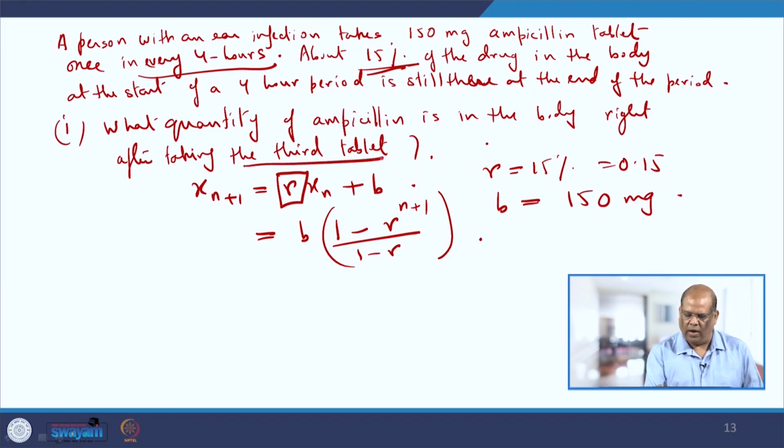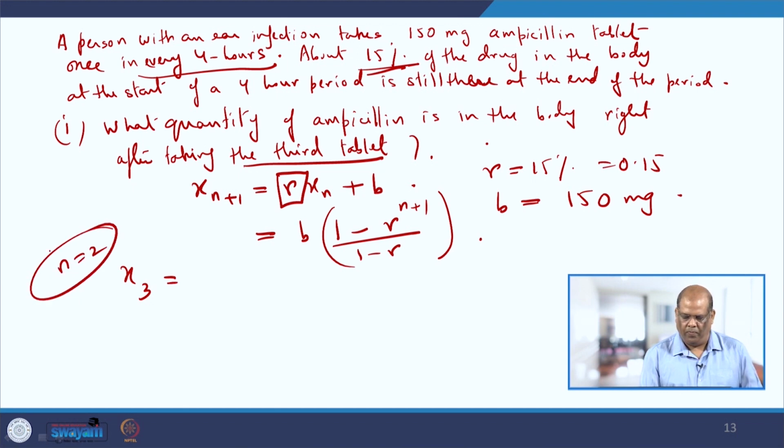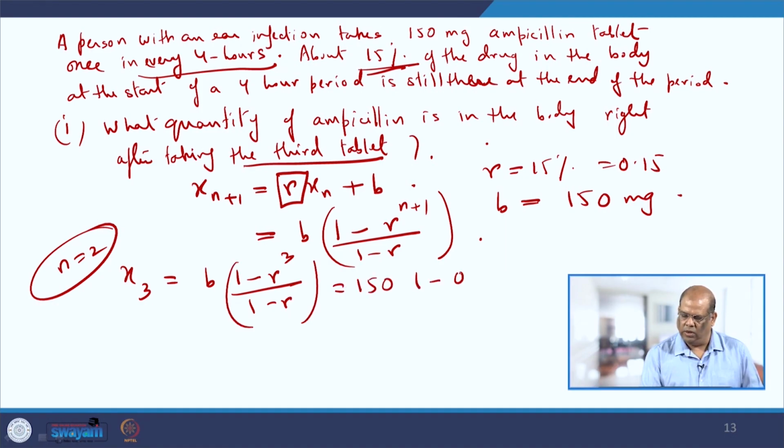So, after taking the third tablet, we have to calculate x3, that is by putting n equal to 2, and we get B times 1 minus R to the power 3 divided by 1 minus R. So, B is 150, 1 minus 0.15 cube divided by 1 minus 0.15.